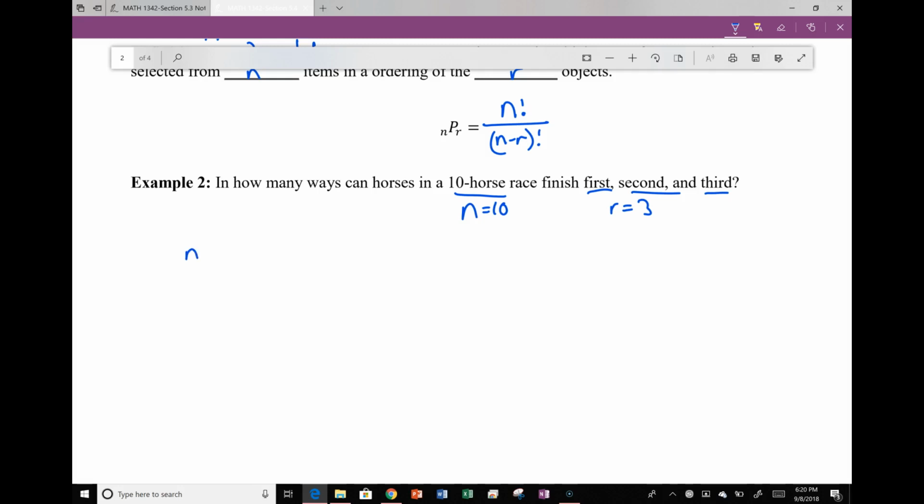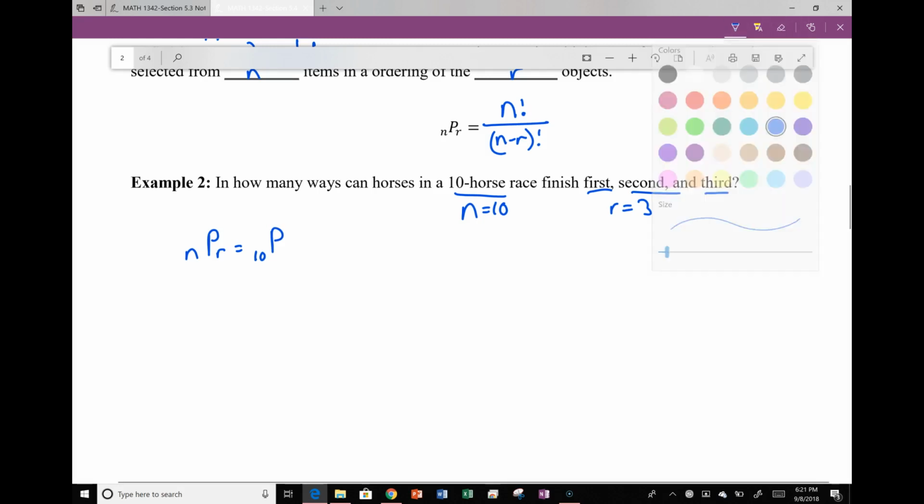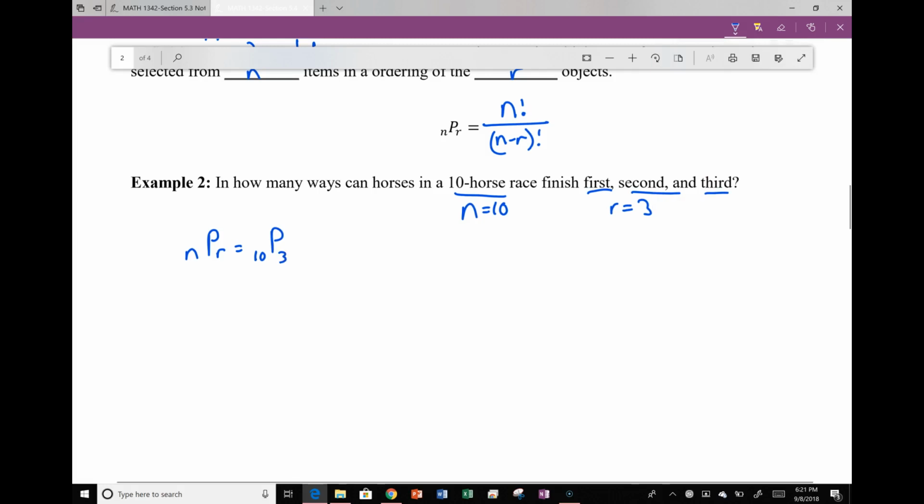So that means it's going to be a permutation. So that's going to be 10P3, not R, 3. So that's going to be 10 factorial divided by (10 minus 3) factorial.